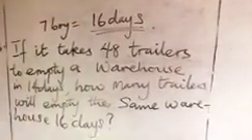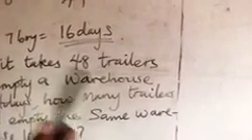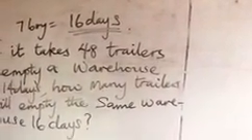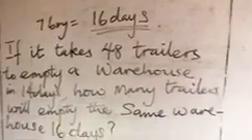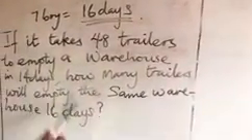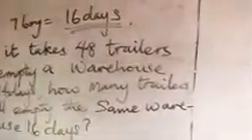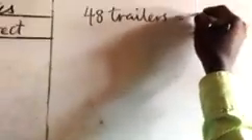Example 3. If it takes 48 trailers to empty a warehouse in 14 days, how many trailers will empty the same warehouse in 16 days? 48 trailers in 14 days.